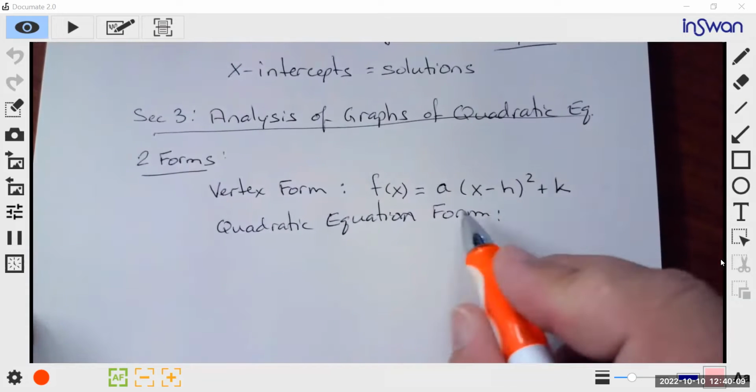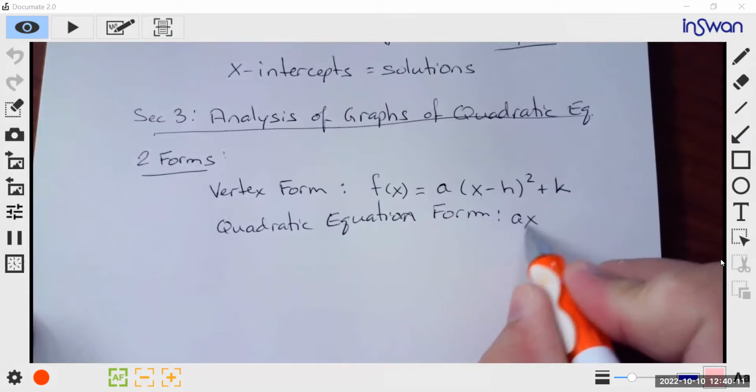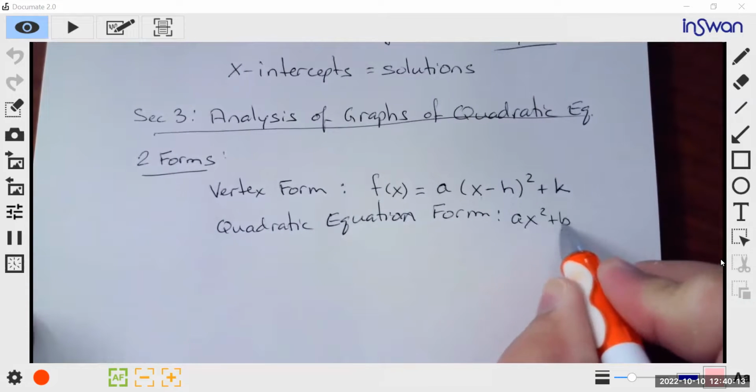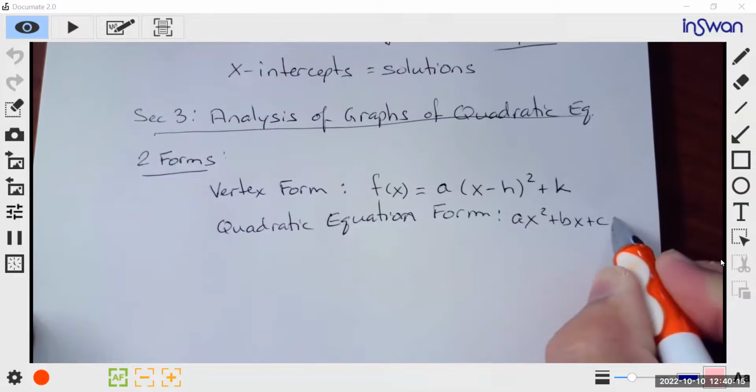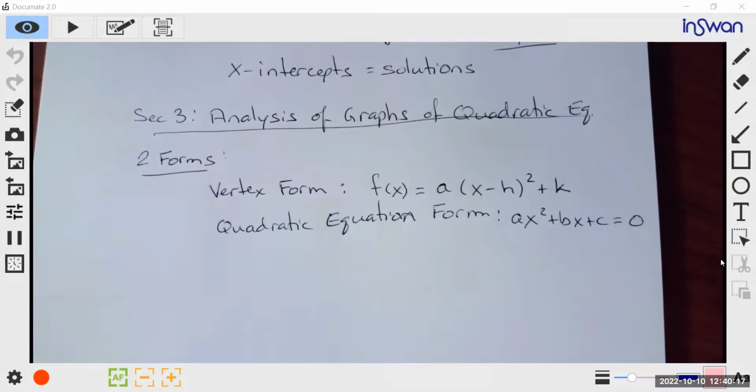The quadratic equation form is set equal to 0, or we can even have the quadratic function, f(x) equals. Both ways will give us the final answers, but which one's easier? It all depends on your preference.